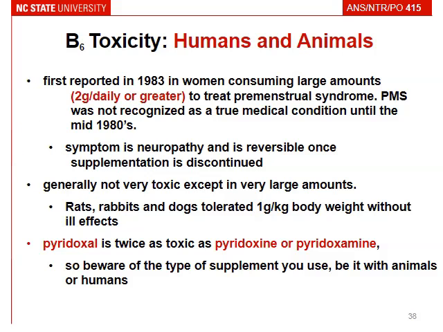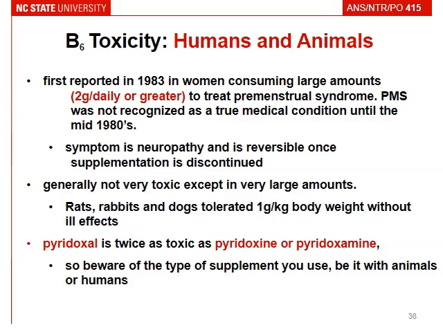B6 toxicity isn't really too common, but it can be toxic at high levels. Toxicity was first reported back in the early 80s, because women were taking large amounts of it to treat PMS symptoms. It wasn't until around that time that PMS was classified as a true medical condition, and they found that higher doses of B6 actually reduce the severity of a woman's PMS.